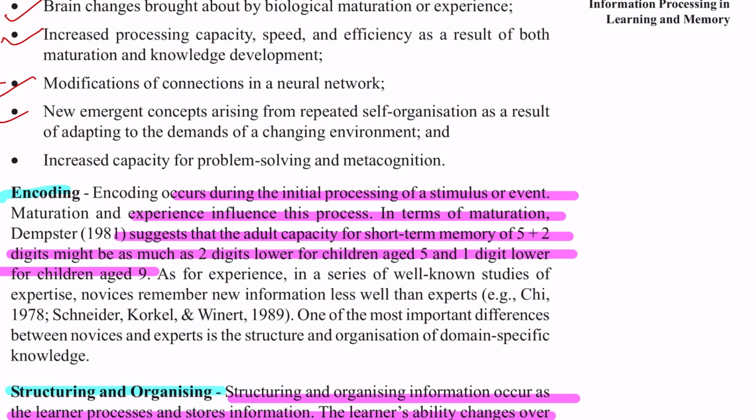And the next one is new emergent concepts arising from repeated self-organization as a result of adapting to the demands of a changing environment. And then gradually new concepts develop in our brain, which help us in processing. And we organize our information in our own way.